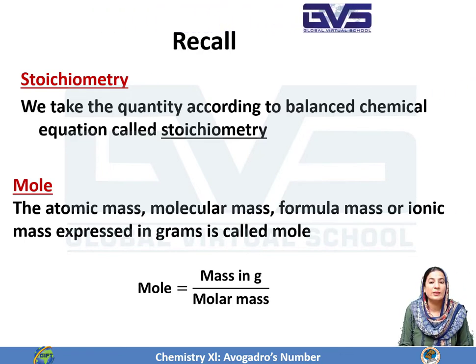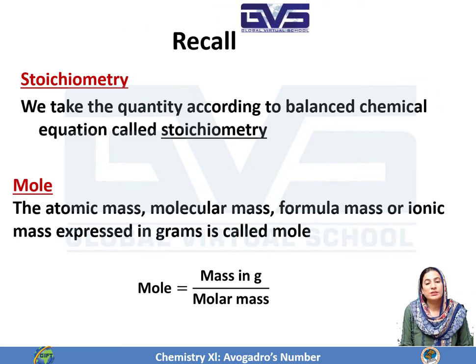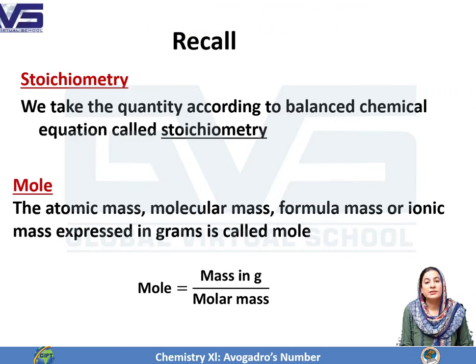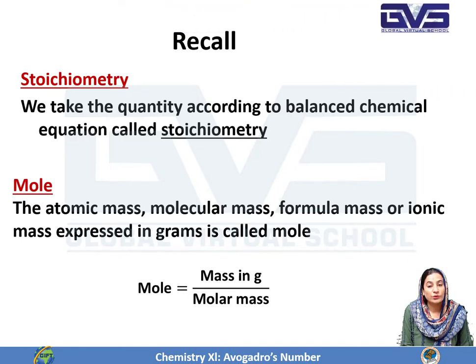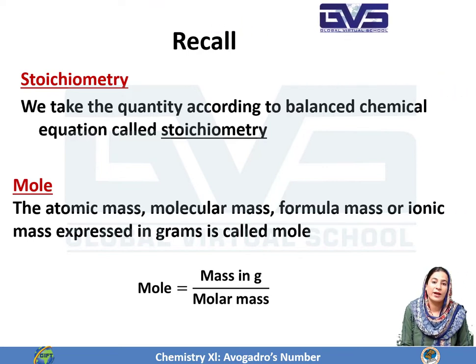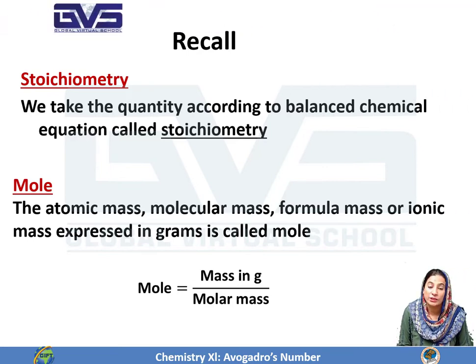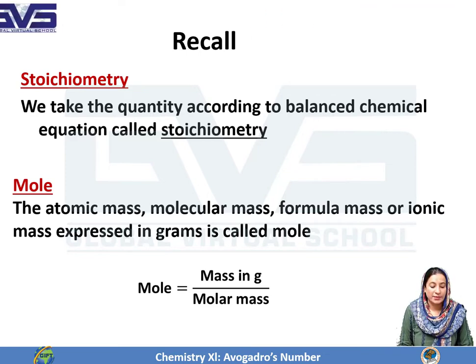If you are given the mass in gram of any substance, atomic, molecular, an ionic compound or its ions, you divide it by its molar mass. You must know the formula of that particular substance, then you can find the moles with this equation: mole equals mass in gram divided by molar mass.